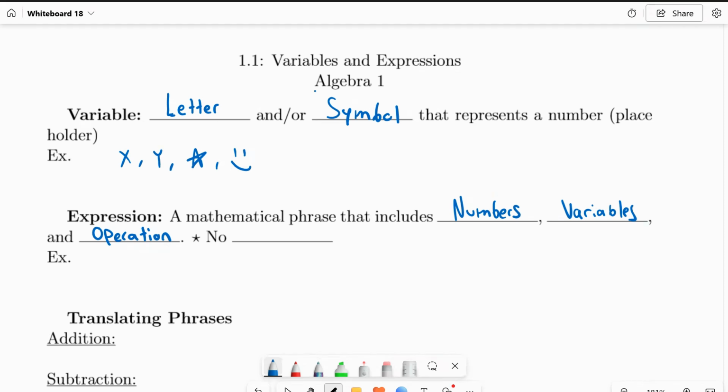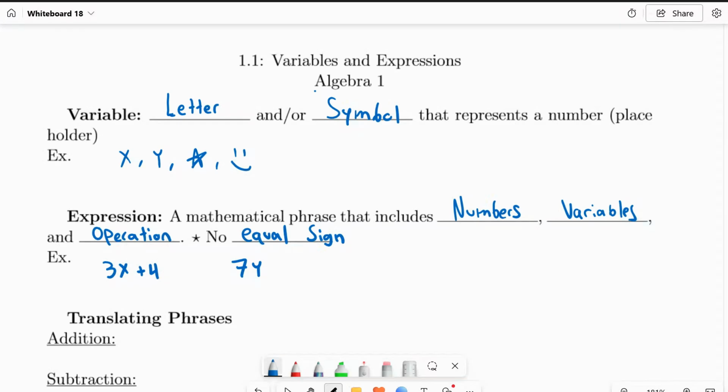The important thing to remember here is an expression does not have an equal sign. If it had an equal sign, it would be an equation. So examples of this would be 3x plus 4, or you could say just like 7y.